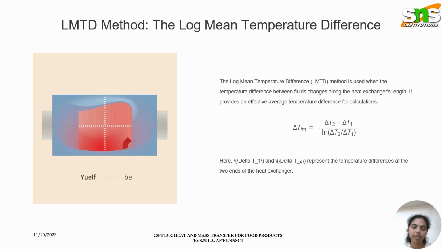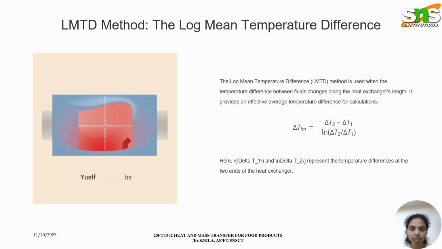And the next method is LMTD. The log mean temperature difference, LMTD, method is used when the temperature difference between fluids changes along the heat exchanger's length. It provides an effective average temperature difference for calculations.